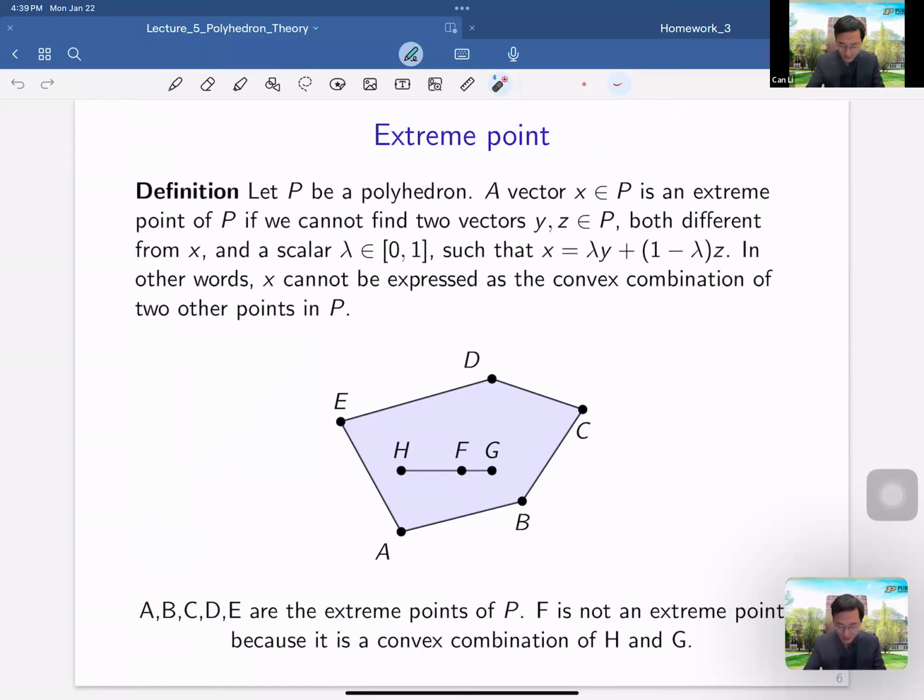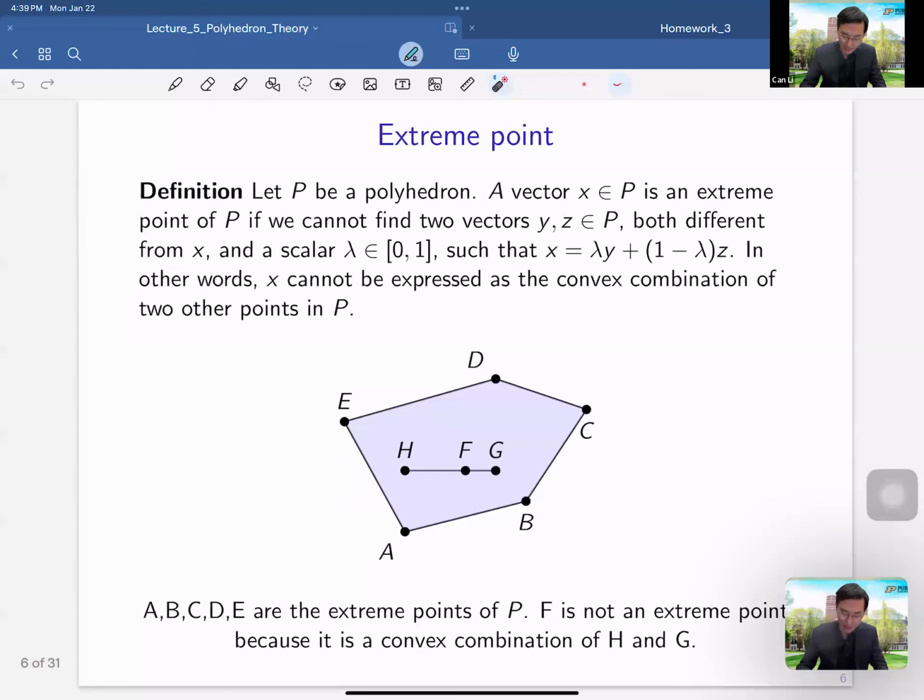If you read the definition, it says a vector x in the polyhedral set is an extreme point if we cannot find two distinct vectors y and z and a scalar lambda such that x is a convex combination of y and z, right? In other words, if a point x cannot be expressed as a convex combination of two other points in P, then it is called an extreme point.